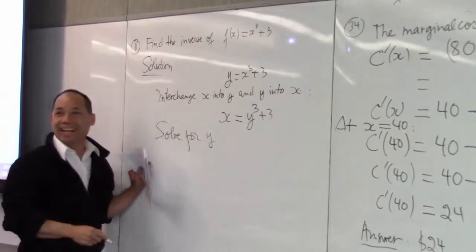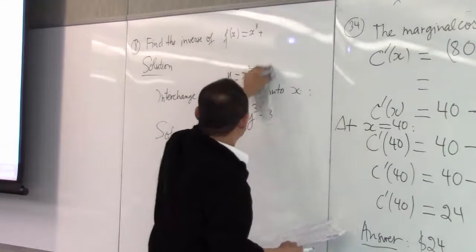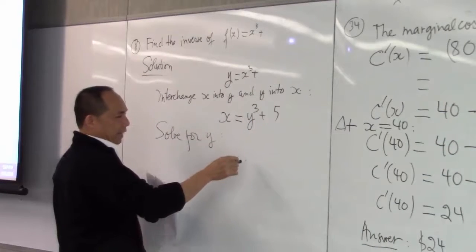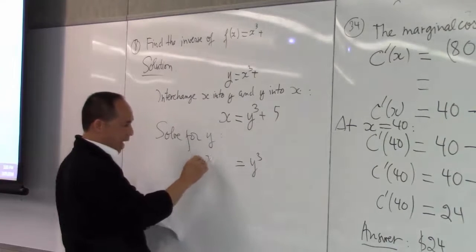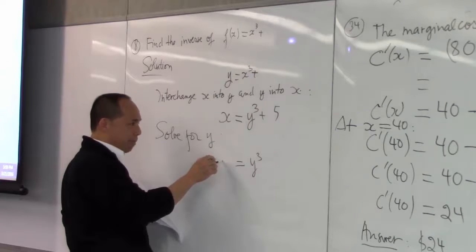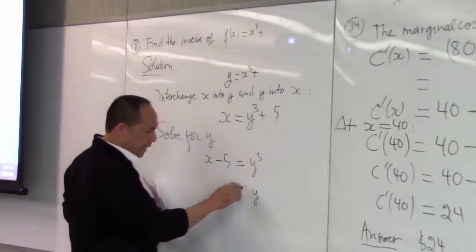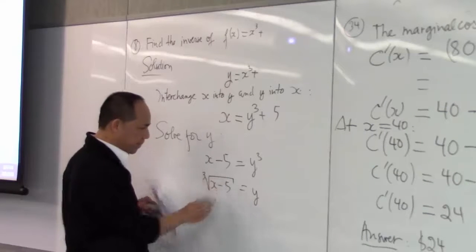The function is plus 5? Oh, plus 5? Okay, so we change to plus 5. Thank you. When you solve for y, you have y cubed equals x minus 5. So y equals the cube root of x minus 5.